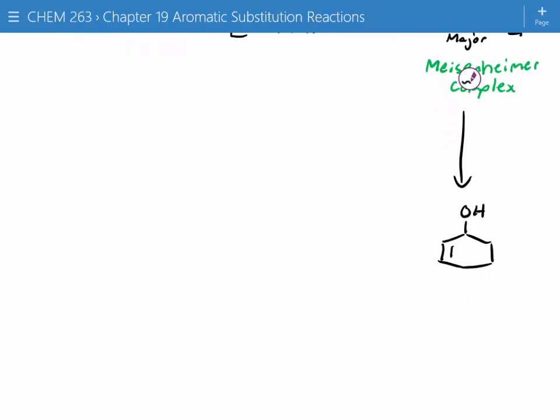And we restore aromaticity to the ring. So we've got Br minus as a leaving group.